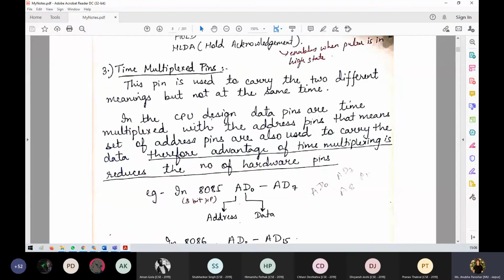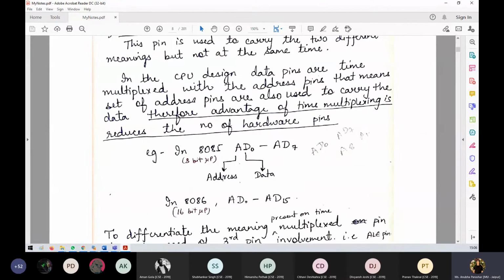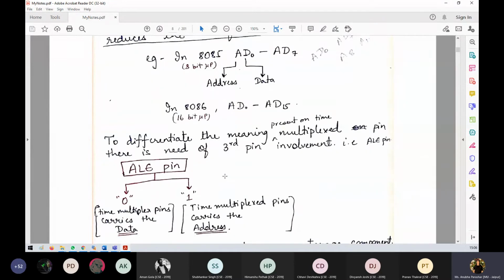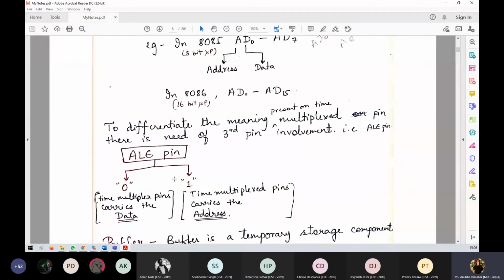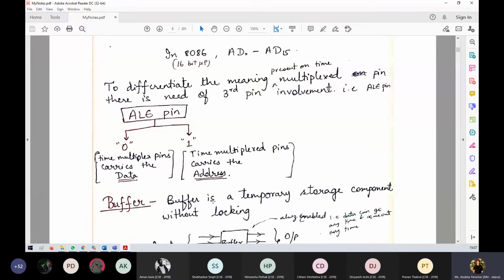That means there should be one more additional pin which enables whether it is to carry data or to carry address, and that pin is ALE. It tells whether it is carrying the address or the data. If the pin is 0, it is carrying the data. If the pin is 1, it is carrying the address. Any doubt in this?